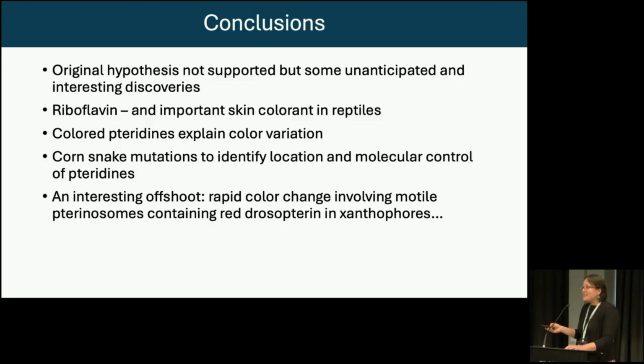And then an interesting offshoot of all of this, which actually wasn't part of the original project idea, is a potentially new mechanism, it is a new mechanism of colour change in reptiles involving motile organelles containing red drosopterin in these xanthophores.